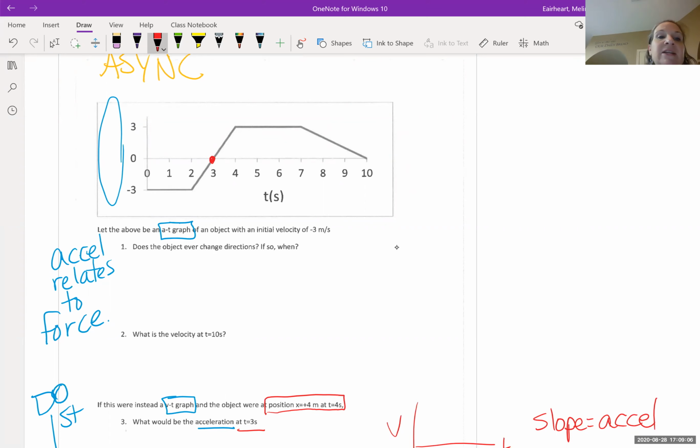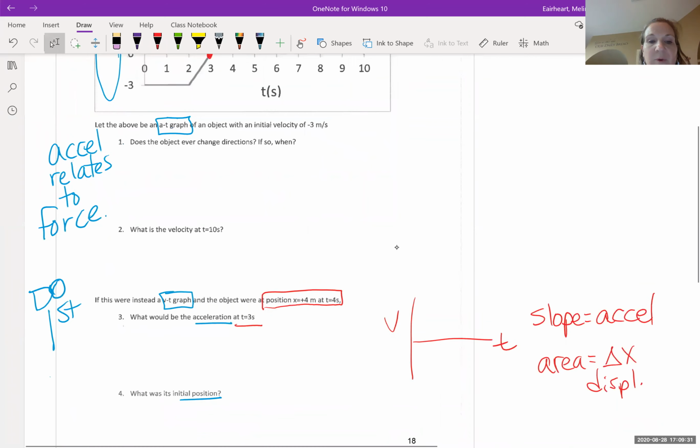So imagine it's a velocity graph. Well, at 3 seconds, it has a velocity of 0, so it comes to a split-second stop. And the misconception is that, oh, it must have a 0 acceleration at that point as well. But if you look at the slope of the line that goes through this 3 seconds, it does have slope. So it does have acceleration.